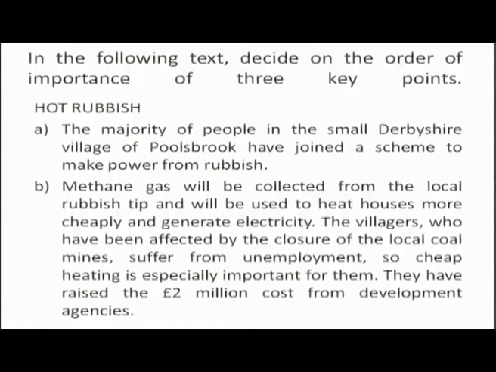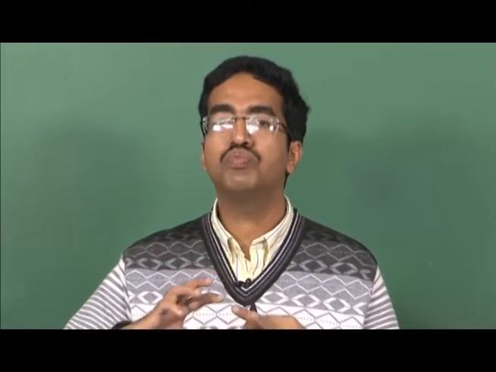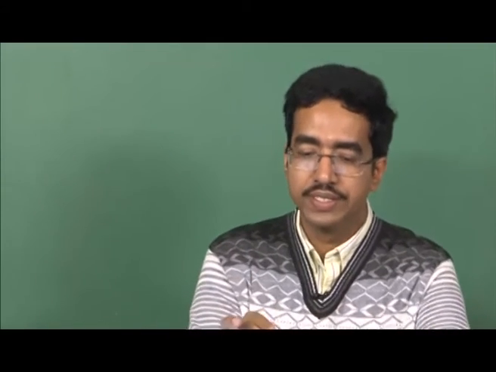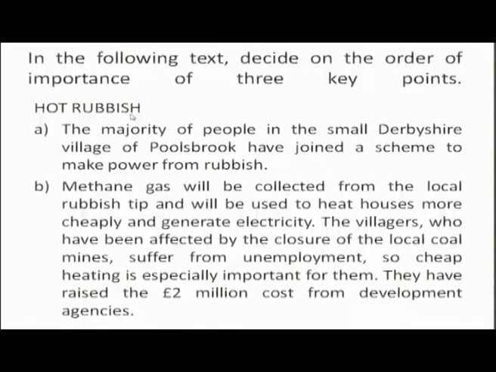So, this text talks about something. We have to read it carefully and then see what is most important here and what other details you can decide not to focus on. This is called "Hot Rubbish."